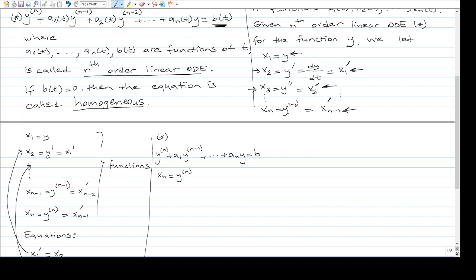We go up to n minus 1 because we start with x1, and x1 is the 0th derivative, if you want, just the function y itself. So x2 is the first derivative, x3 is the second derivative, and the last one, xn, is the n minus first derivative of y. I'm sorry about that, but it's still true that the derivative of xn minus 1 is xn.